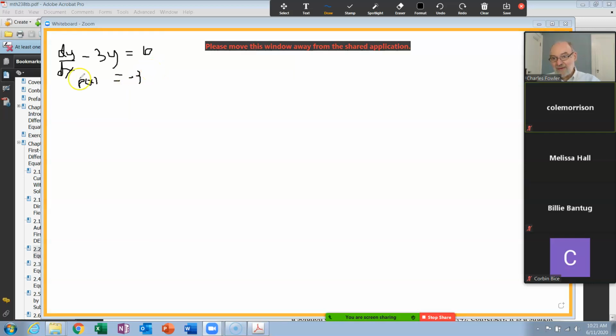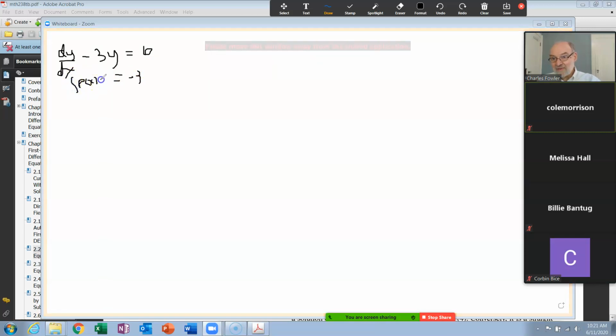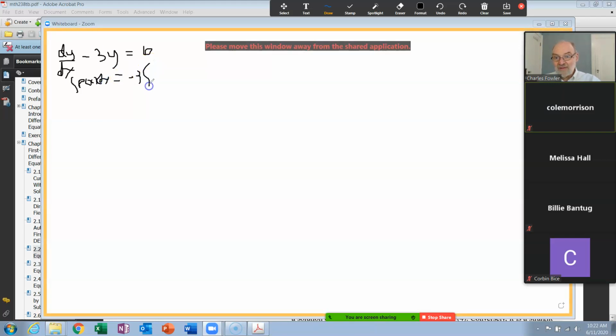Minus 3, okay. So what do we do with that p of x? We integrate it, dx. Ooh, that's an ugly d. Still can't figure out what it is, can you? You integrate this, dx. Same thing we did with the p, only there was something inside that one that there isn't inside this one.